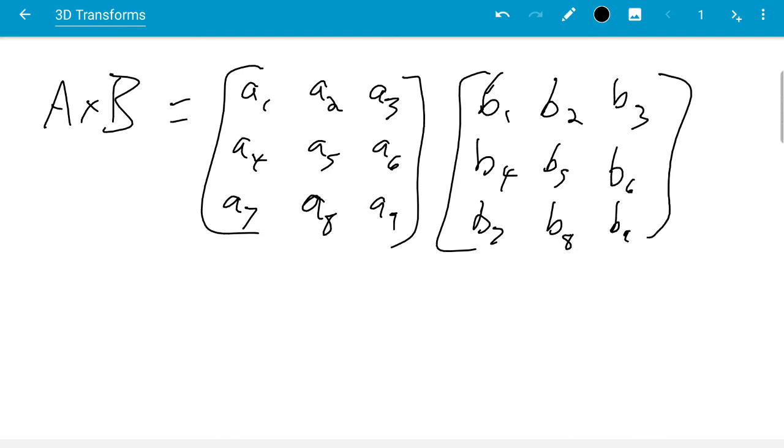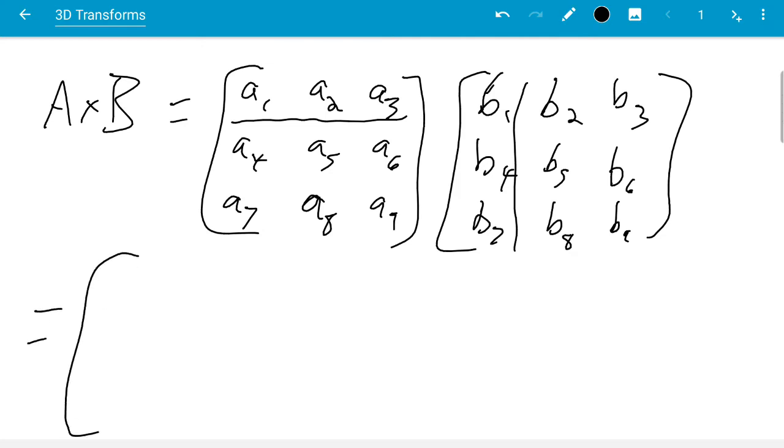I'm going to follow the exact same pattern that I did for multiplying by a vector. We're going to be multiplying each row by each column. And as we change our row, we're changing the row of our answer. And as we change our column, so the column in the second one that we're considering, then we're changing the column of our answer. So let's do all of that out.